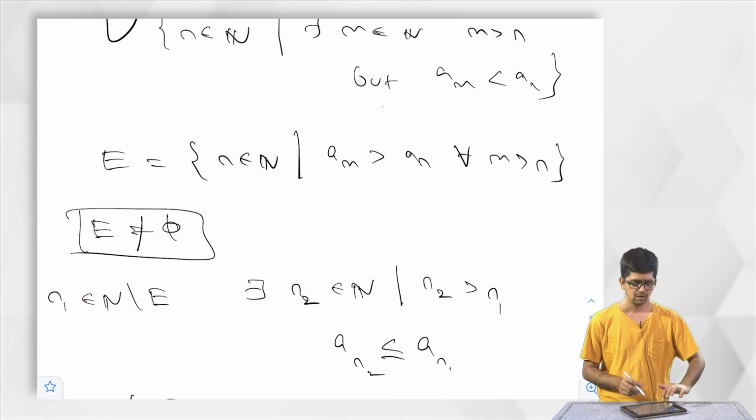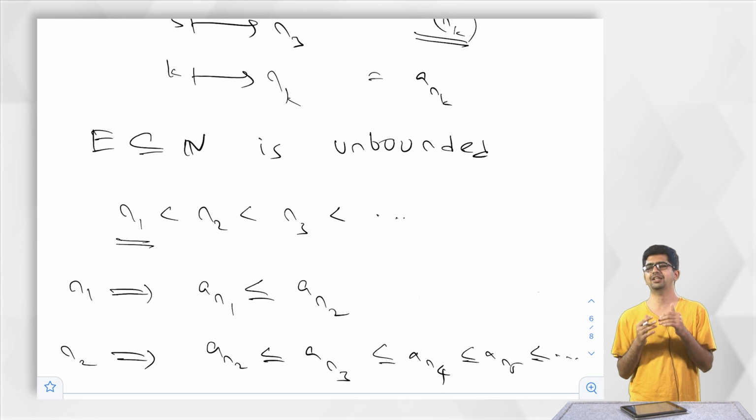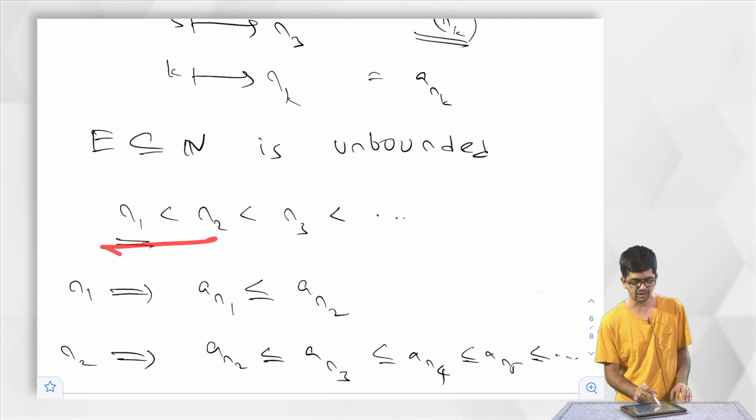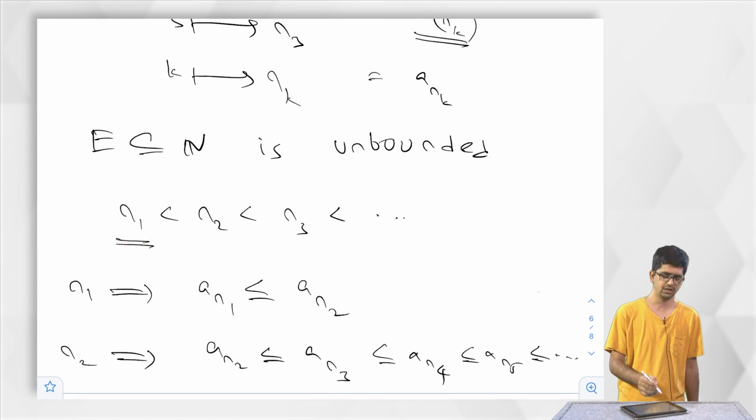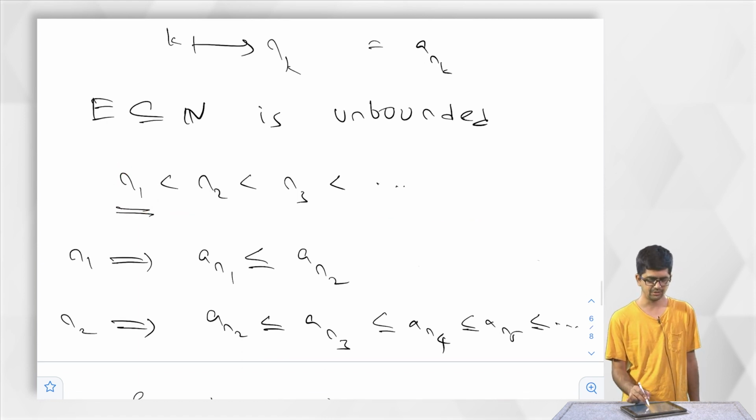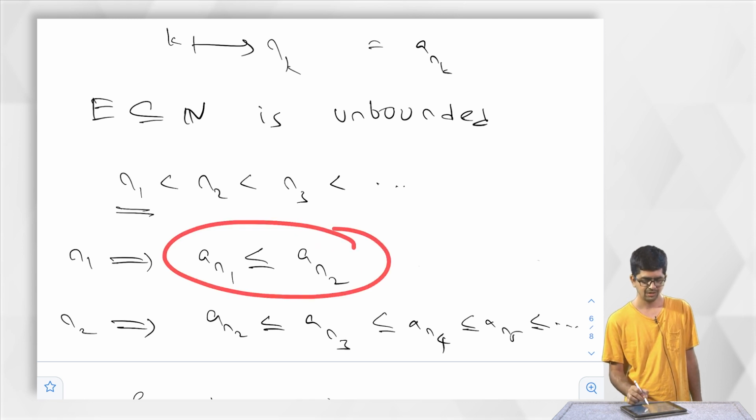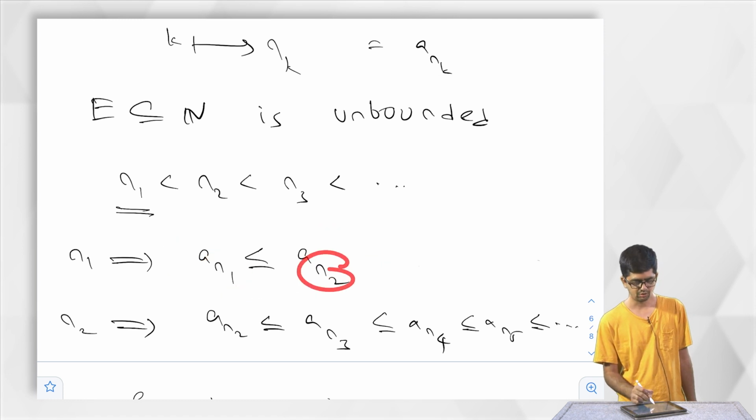If E is unbounded, we have written down the elements of E in increasing order, and applied that every element of this is an element of E. So this is the case for every m greater than n1, in particular for n2 greater than n1.